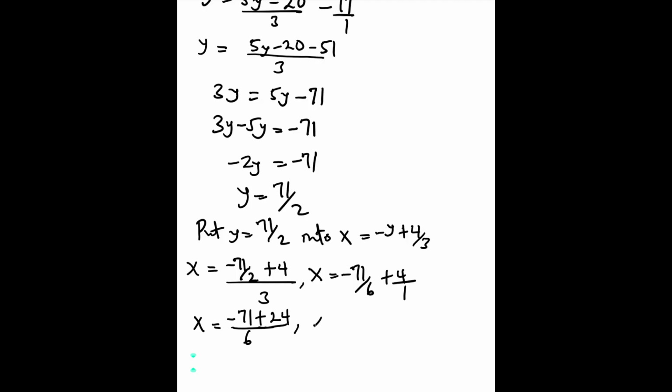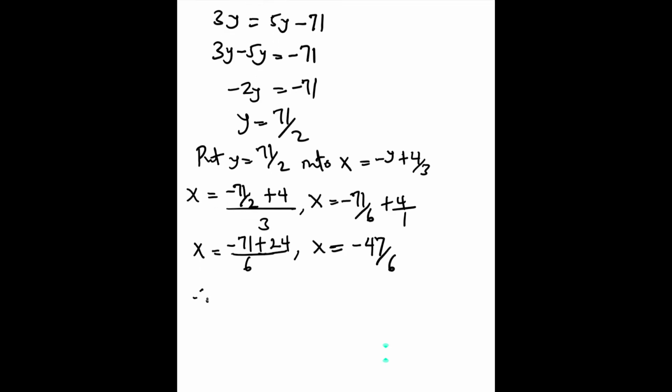So that is minus 71 plus 24 over 6. So x is equal to minus 71 plus 24, which gives us minus 47. So x equals minus 47 over 6. Okay, so therefore x equals minus 47 over 6, and y is equal to 71 over 2.